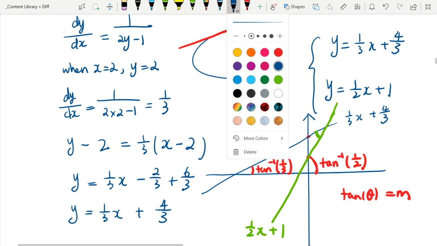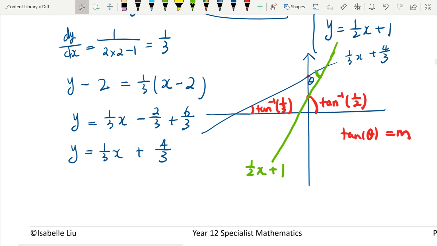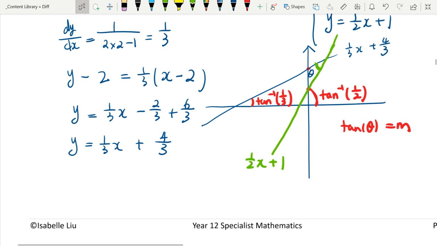So how can you work out the angle theta here? Do you know the exterior angle thing? You can simplify your answer, and it should be the same thing.